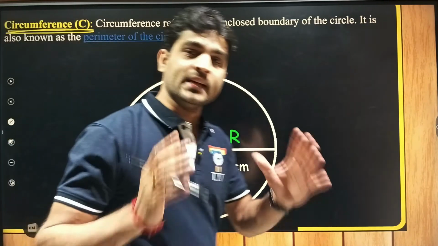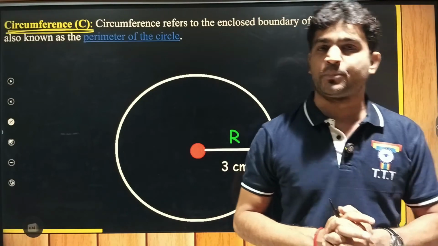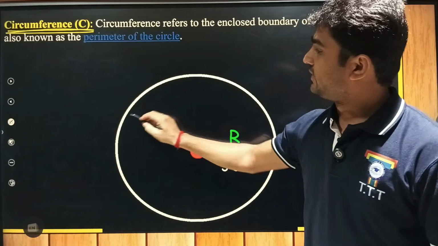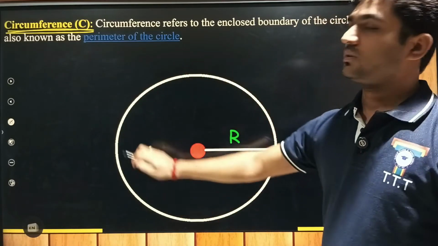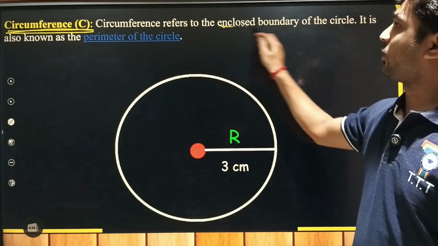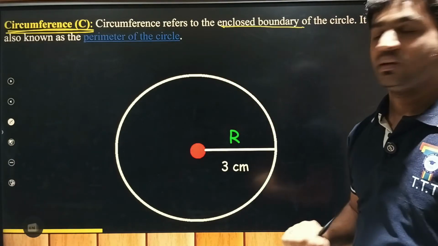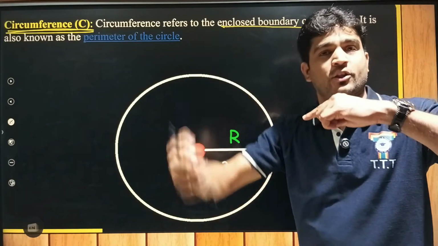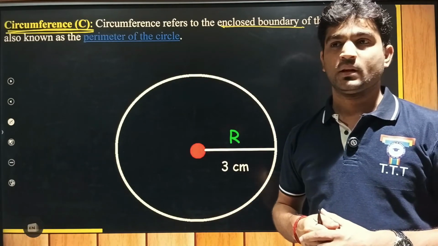Usually, dear friends, the circumference we are going to denote by the letter C. The circumference means the outer boundary. Notice, circumference refers to the enclosed boundary of the circle. See, this is a circle, and this is the enclosed boundary. Understood, right?